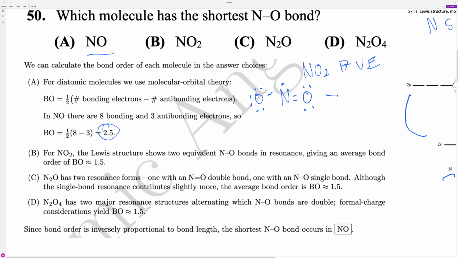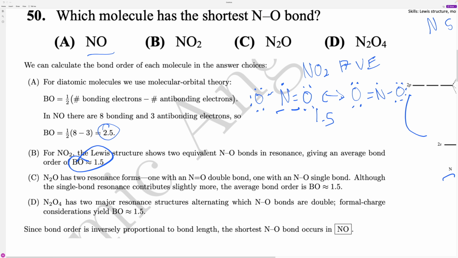And this is actually going to have resonance because this double bond can go to any of the oxygen atoms. So this is just going to be like a flip of it, technically. So there's going to be resonance here. You'll notice it has 2 NO bonds, a double and a single, and through resonance that's going to average out to about 1.5 as the bond order. So that's our bond order for B.